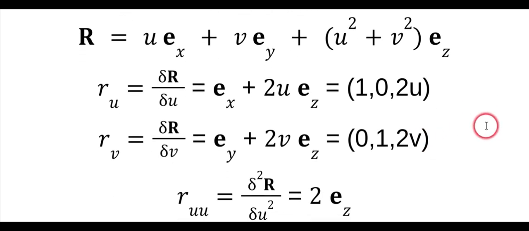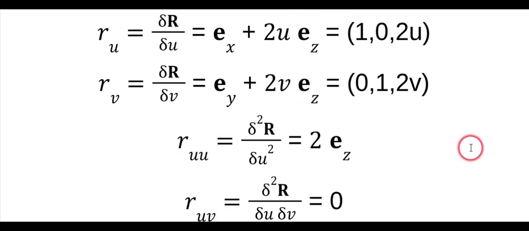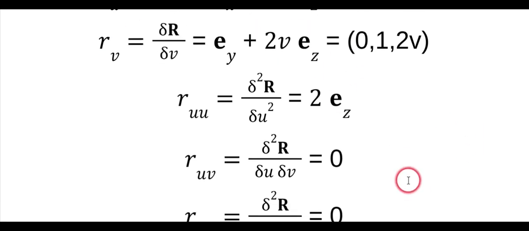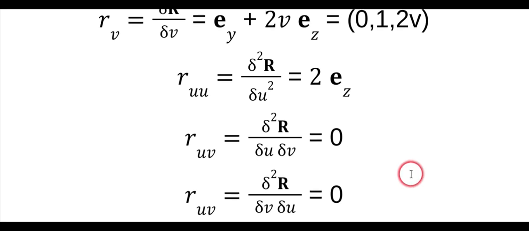Now, the second derivative, r_uu, the second derivative of this with respect to u, would just be 2ez, right? And the second derivative of u with respect to v is 0. There's nothing there. And the same thing is true here. There's nothing there.